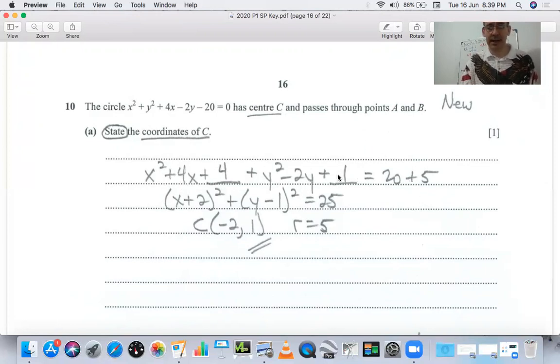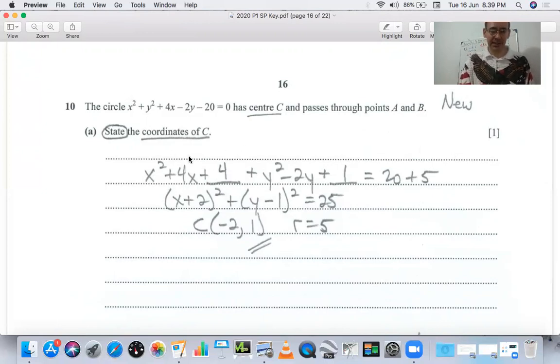Over here we have y squared minus 2y, and we need our magic number. So we have a negative 2 as our b term, divided by 2 is a negative 1, squared is a positive 1. So we have added 4 and 1 to the left-hand side, which is a total of 5. So we need to add 5 to the other side for our equalizing.